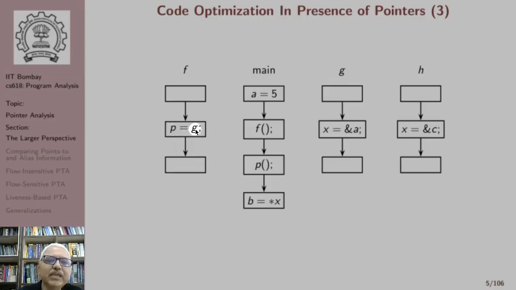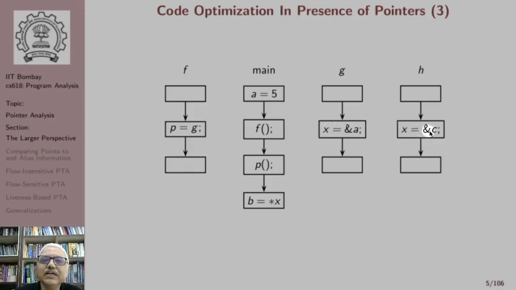So we have P is equal to G, and so when we call F, we do P is equal to G, and then we are calling P, and the question is once again, can we do the optimization B is equal to X? We can do this optimization provided X is assigned the address of A. Here we are assuming that all the variables are global variables.